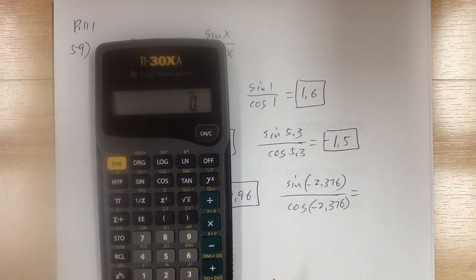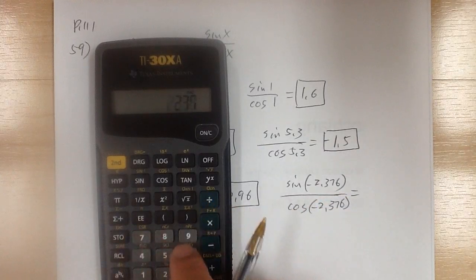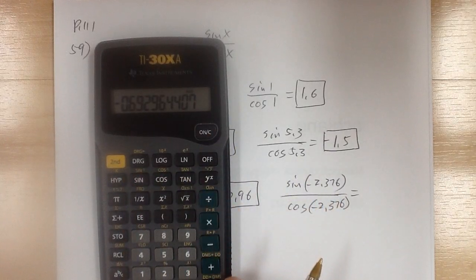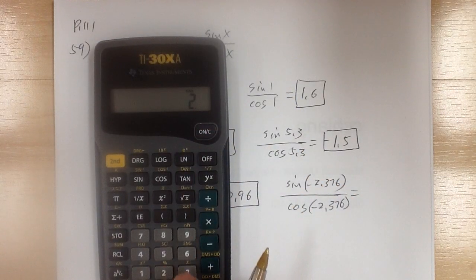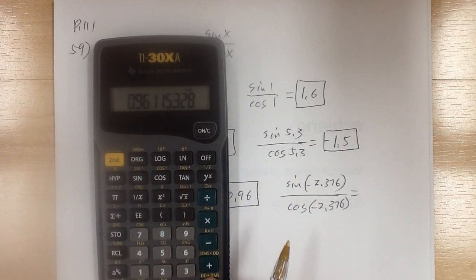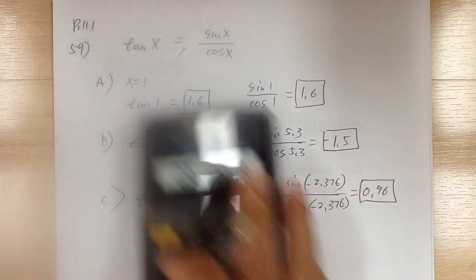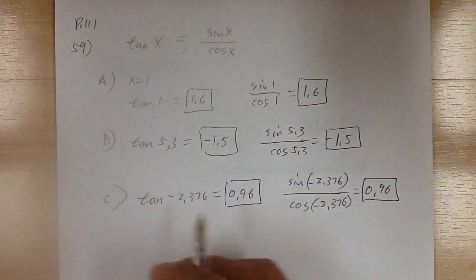So 2.376 negative sine divided by 2.376 negative cosine equals. So again, you get 0.96. Okay, so this shows you the identities. They are equal. Tangent equals sine over cosine.